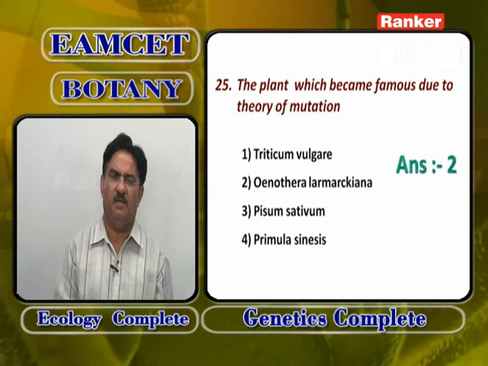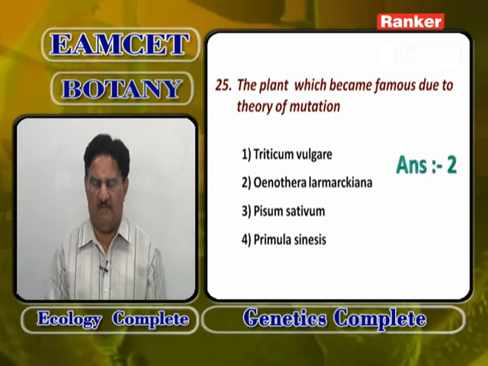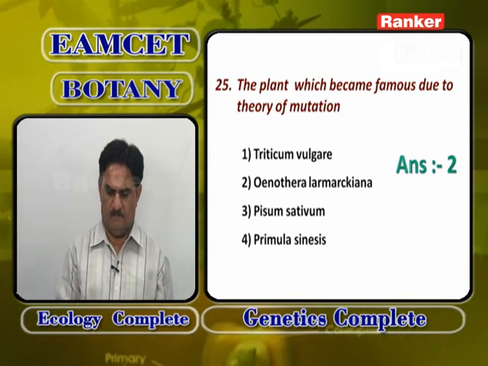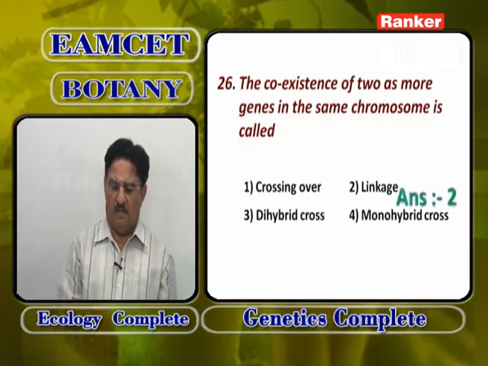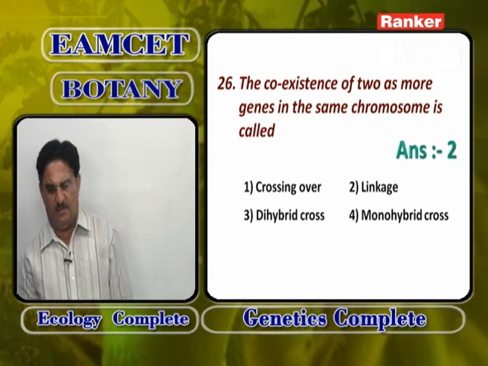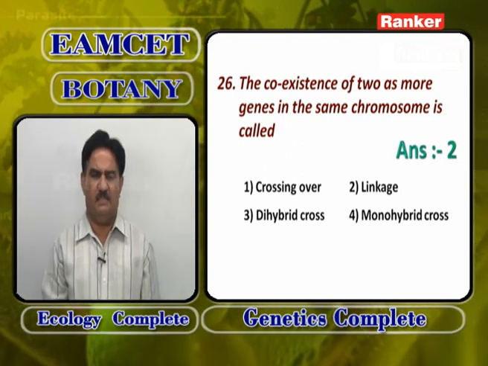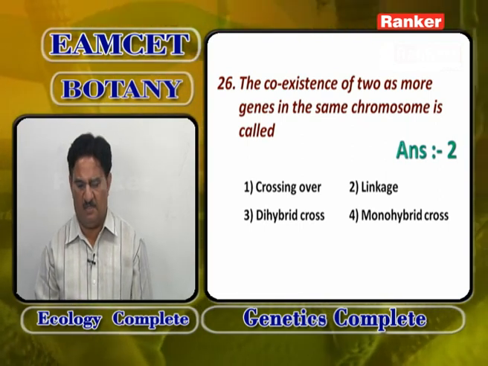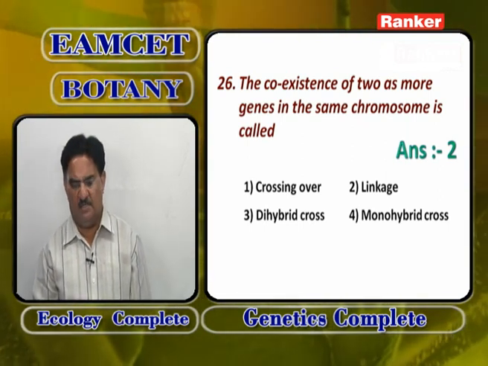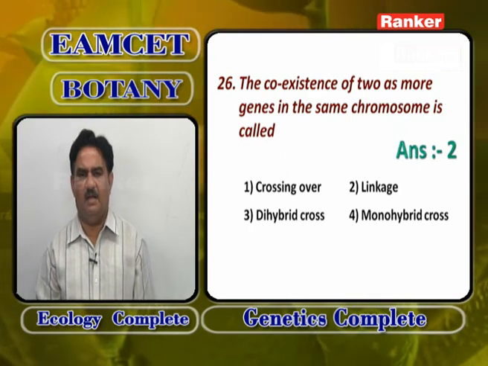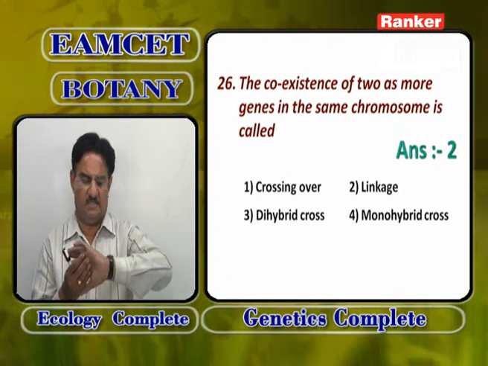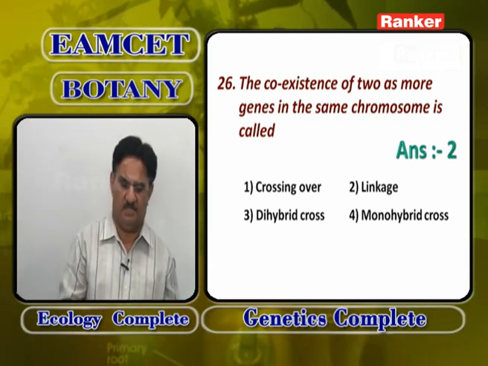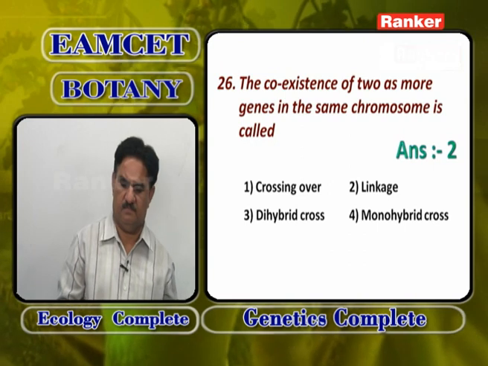In this plant DeVries discovered mutations. The coexistence of two or more genes in the same chromosome is called not crossing over, not dihybrid cross, not monohybrid cross, but linkage.